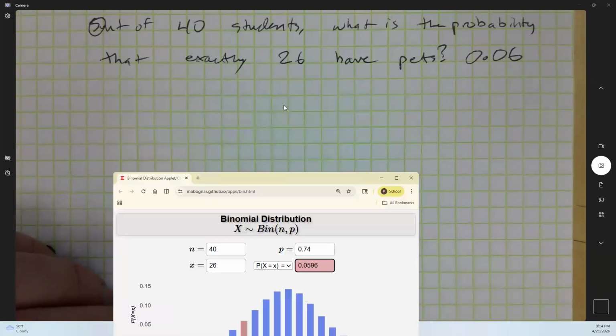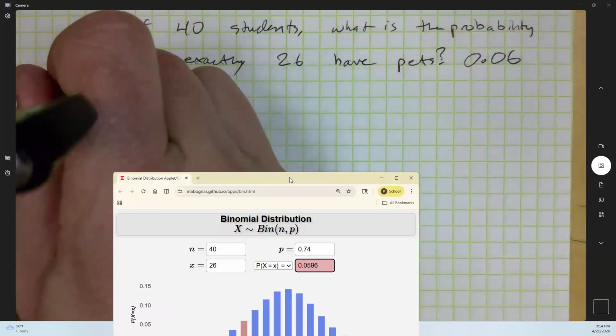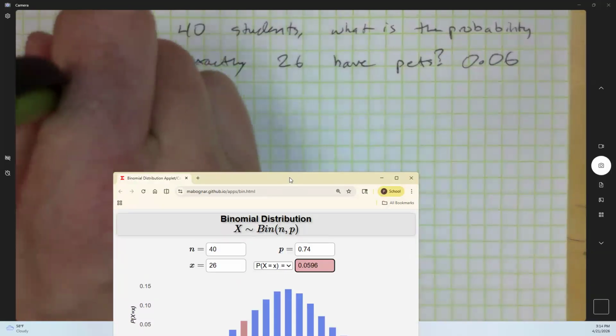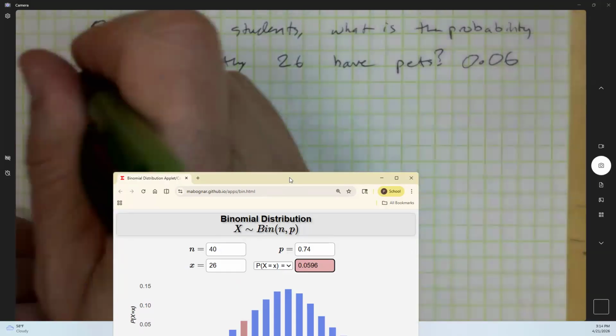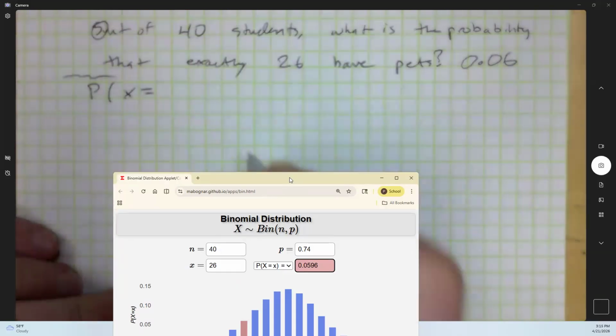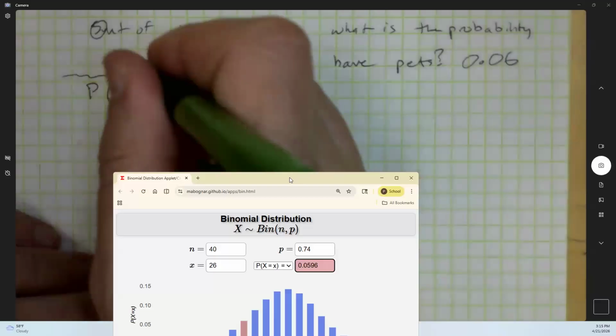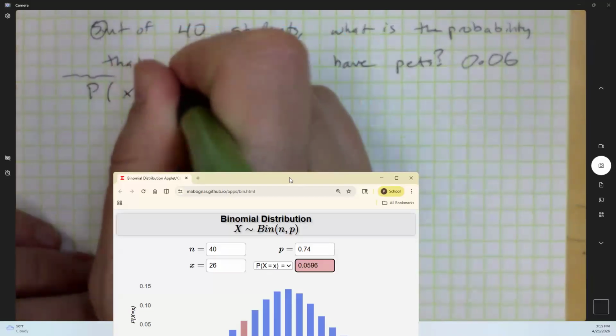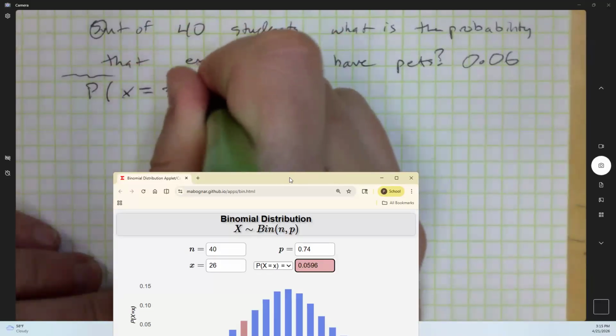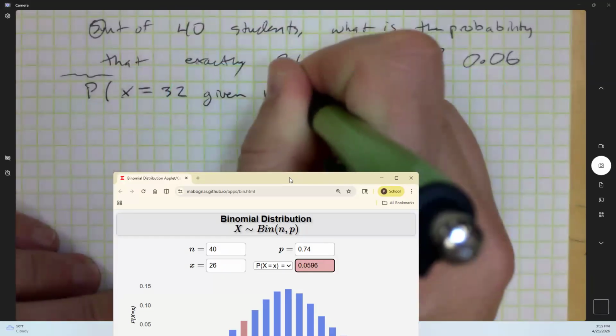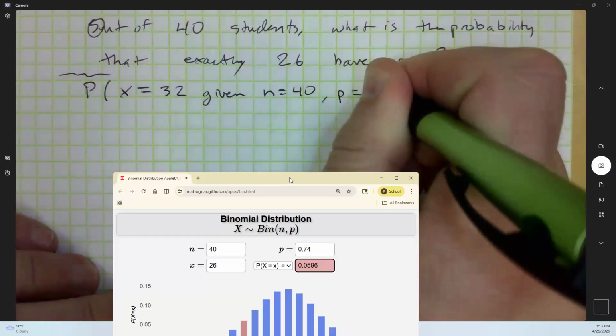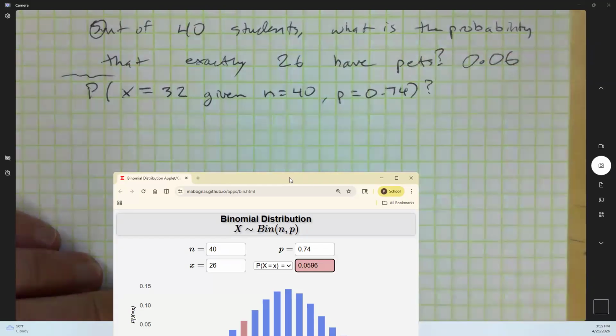Okay. How about what's the probability? This is how we often write it, that X equals 32 given N is 40 and P is 0.74.